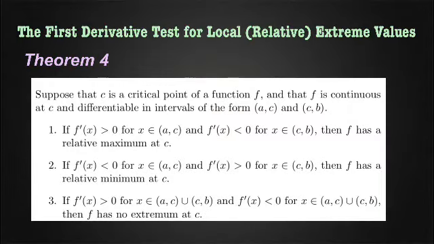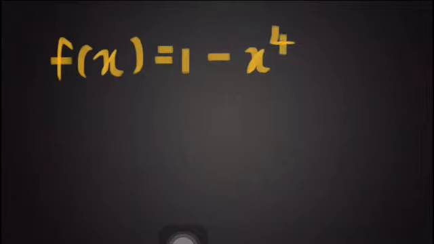Okay, so let's proceed to the first derivative test for local or relative extreme values, which is Theorem 4. We have an example here, f(x) equal to 1 minus x to the power of 4.